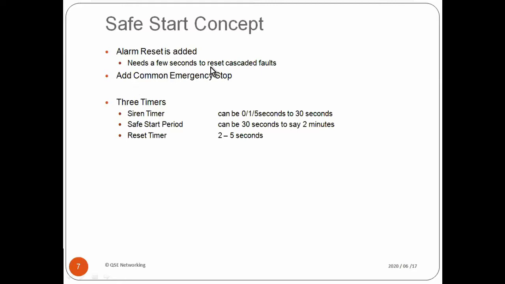And now if there's a couple of faults, if you reset the motor fault, it would then allow you to reset the flap switch fault, and then you'll be able to reset the next one. So an alarm reset has a couple of seconds to cascade reset all the faults. And yes, they can click the button umpteen times, but generally a couple of seconds for a reset timer is useful.